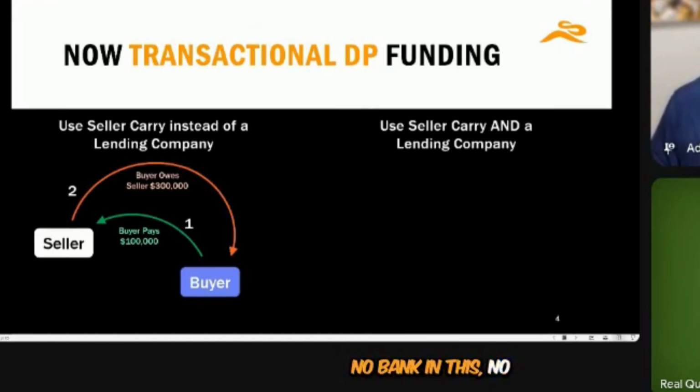No bank in this, no lender in this. The lender is actually the seller, which means the buyer now has a debt. That's why we're using a red line for $300,000 to the seller. Now, maybe this is a balloon in 5 years. Maybe they're carrying this for 30. It doesn't really matter. That's what it is in the end. And then the seller transfers title. We have the transaction completing.